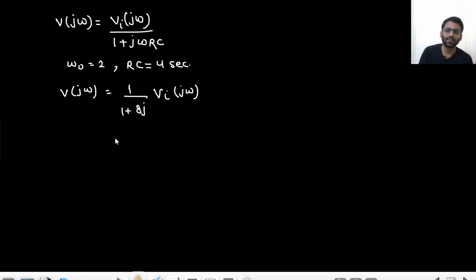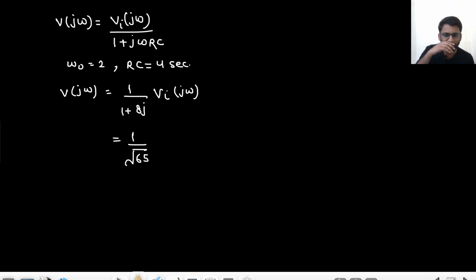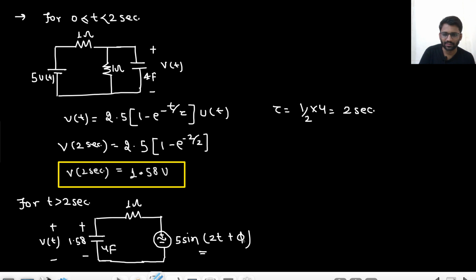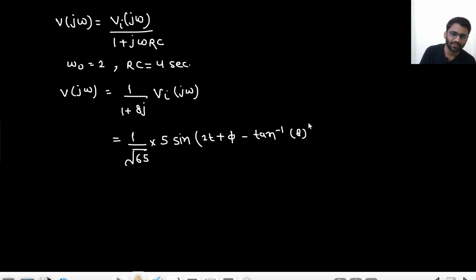So what will be the magnitude? Magnitude will be 1 by root 65, and 1 by root 65 into 5. What is the input? That is 5 sine 2t plus 5, and one more angle will be subtracted, that would be minus tan inverse 8, right? So this tan inverse 8 is subtracted. So this is my Vt, that is the voltage across the capacitor.